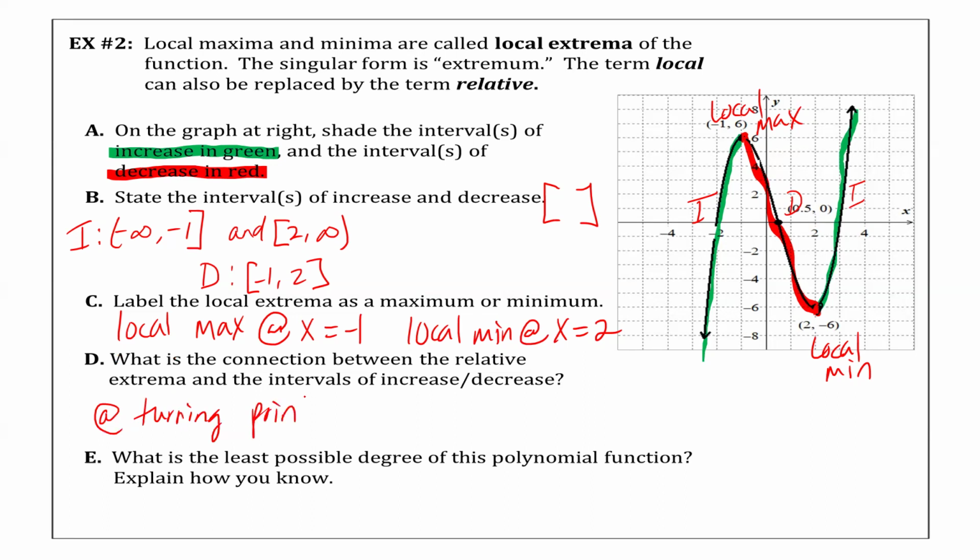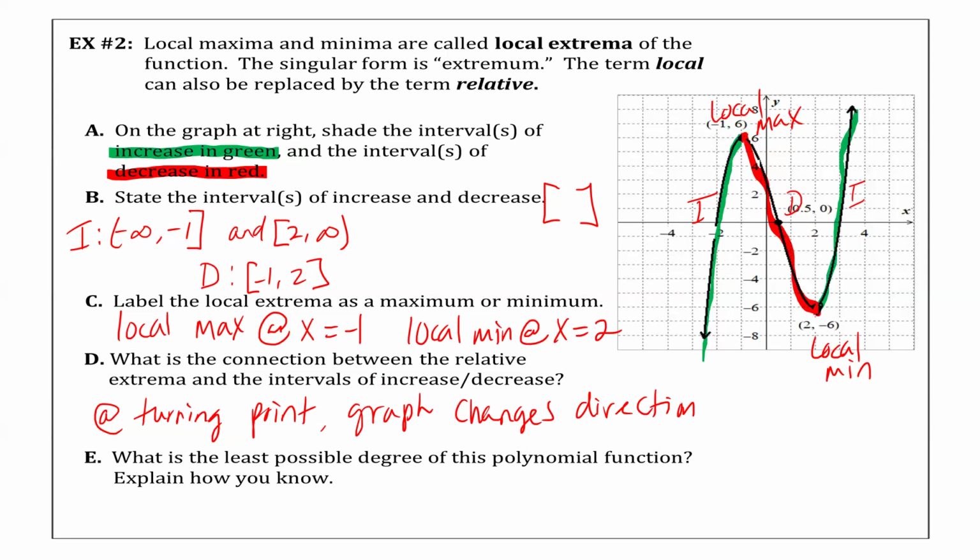That's when we change directions, right? That's when our graph changes direction. Make sense? That's where my blue, my green and my red meet, right? That's where I'm creating the mountain or the valley.